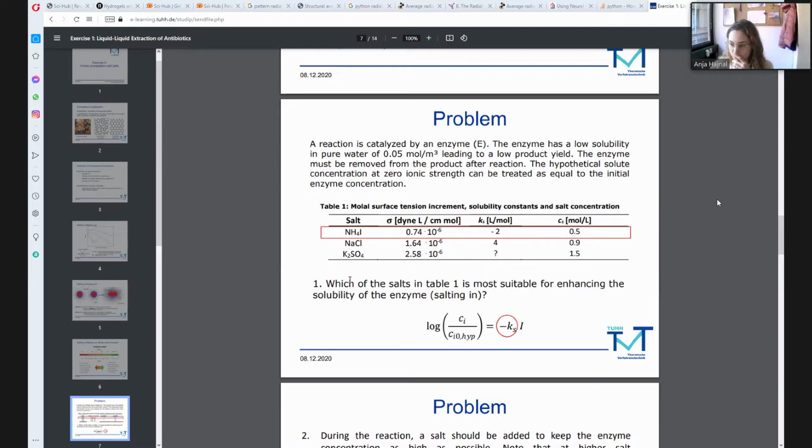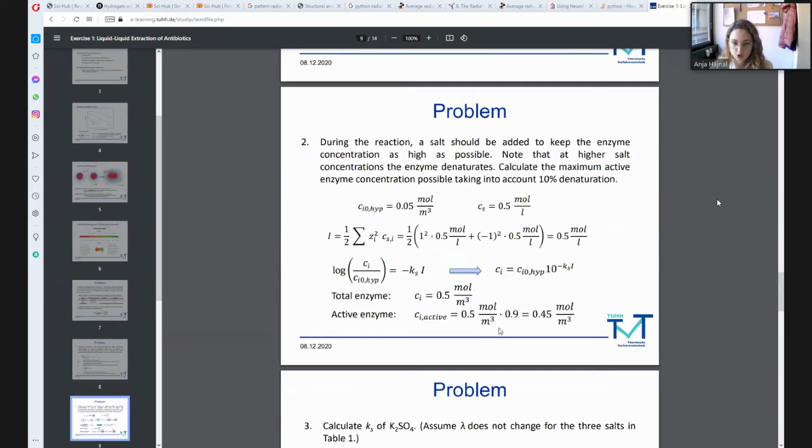Yes. And you say because we had a negative value. This is true because the value of the solubility constant is negative. Why? Because in the end, when you rearrange the equation and you want to express the solubility of our target enzyme, you get this. And of course, you want this exponent to be as high as possible and positive.